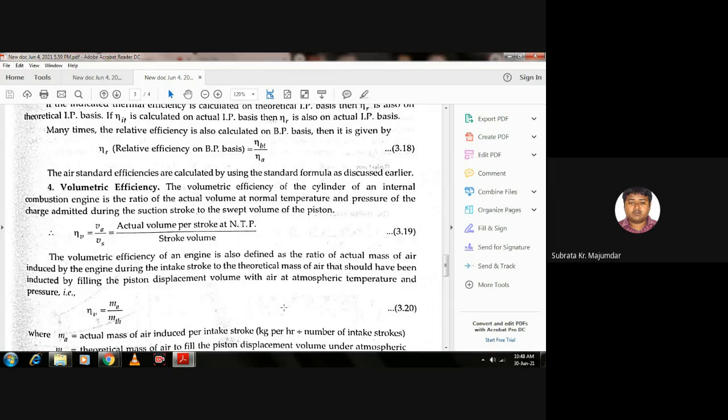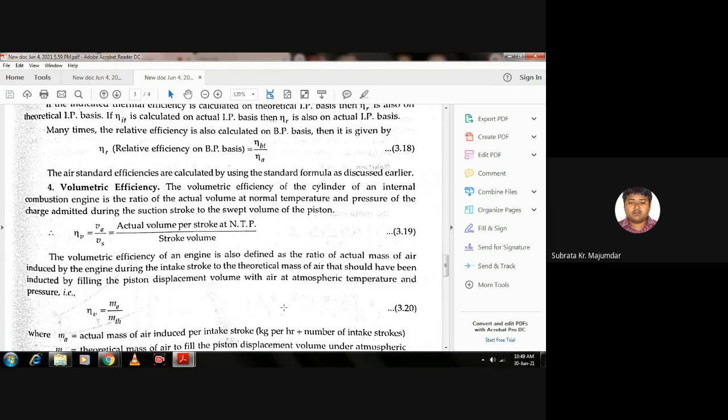It is the ratio of actual volume, at normal temperature and pressure, of the charge admitted during the suction stroke, to the swept volume of the piston.